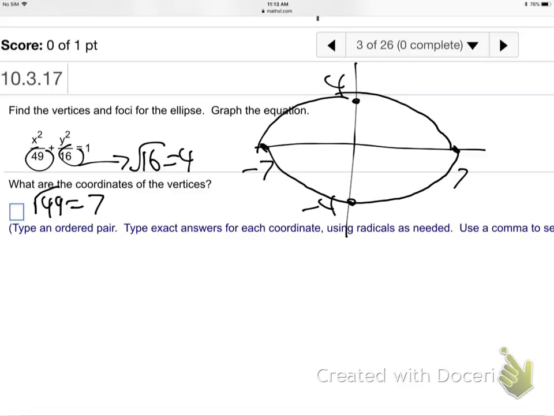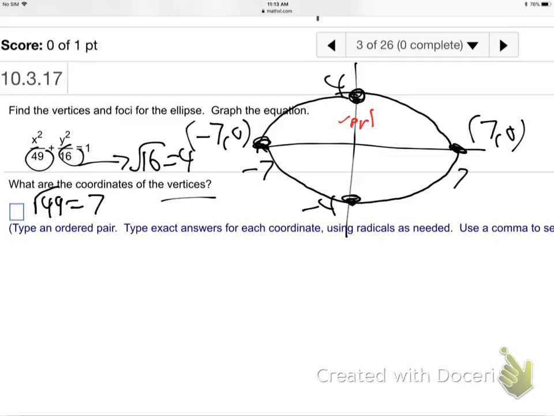Now they want the coordinates of the vertices. What are those? These 4 points? I think, or is it just the main 2? I forget the details sometimes. When they say vertices, what they mean is the biggest 2.